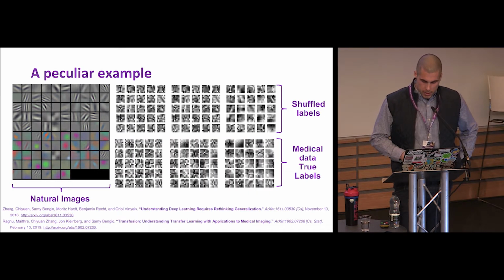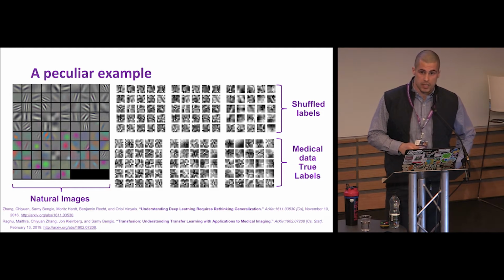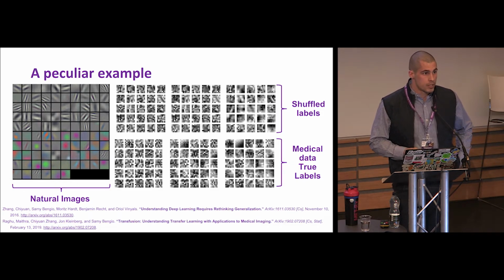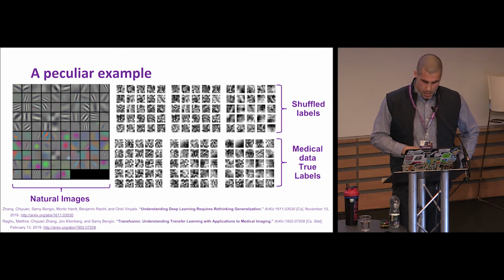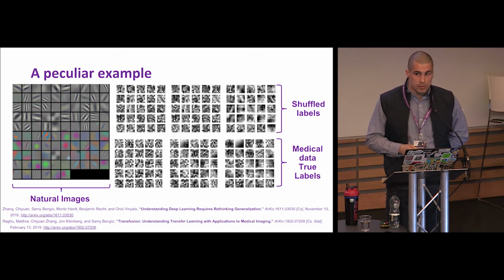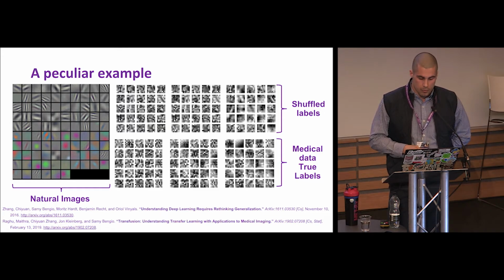There was an interesting study published called Understanding Deep Learning Requires Rethinking Generalization, which really made people question what do these neural networks do. And in a recent study, Transfusion: Understanding Transfer Learning with Applications to Medical Imaging, they've also looked at these filters in terms of two medical imaging data sets. And what they found is that these filters are absolute noise as well.